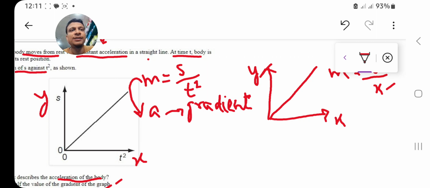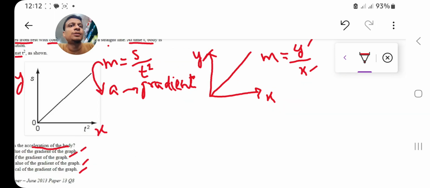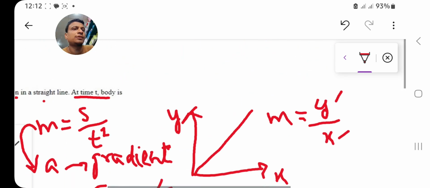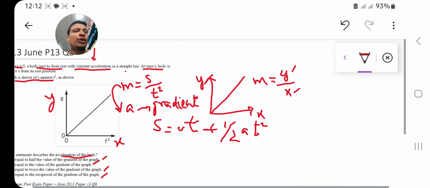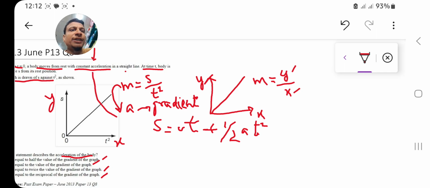Here, using Stewart equations, we have the formula s equals ut plus half a t square. It is for uniform acceleration, and as we know in the question uniform constant acceleration is given, that's why we are using this equation.